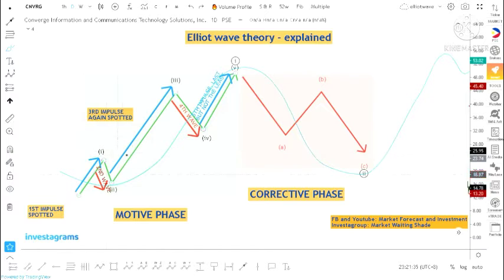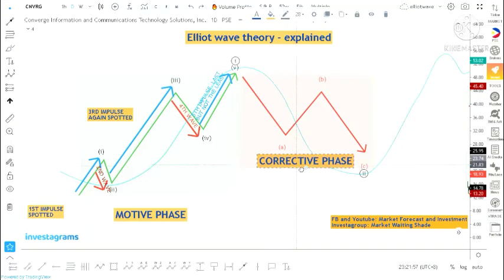So this series of waves is just a part of the one major wave, and these three waves down right here are just part of wave 2. We zone it as red, as this is our corrective phase.